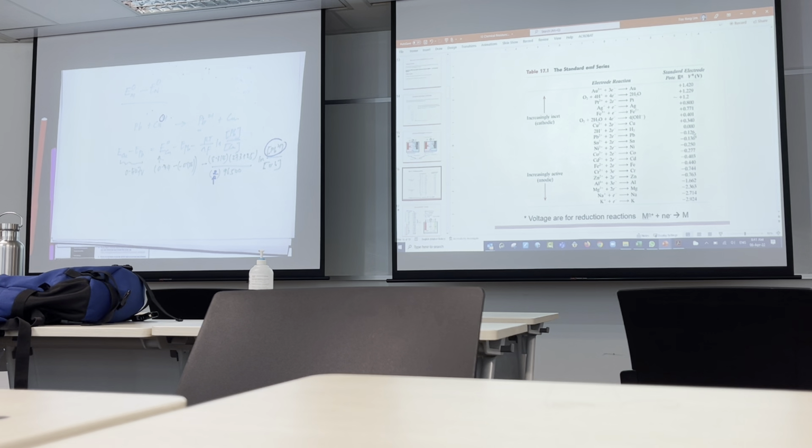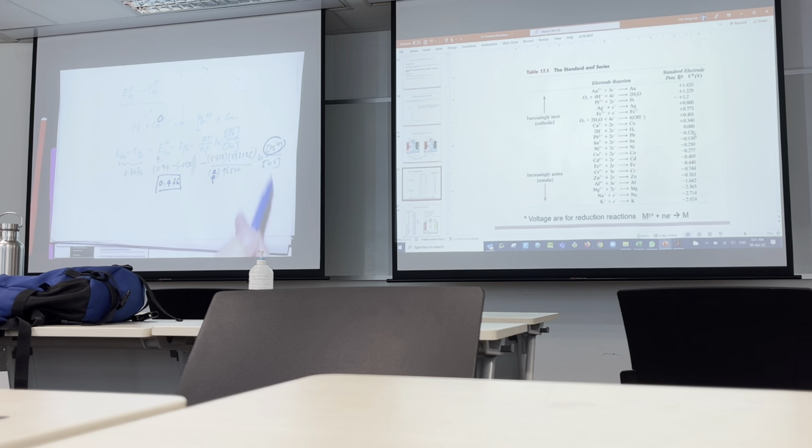So it tells you a situation, maybe under the standard condition, if I take this number minus this number, what will be the value? 0.466. Under normal circumstances, the driving force is only 0.466.